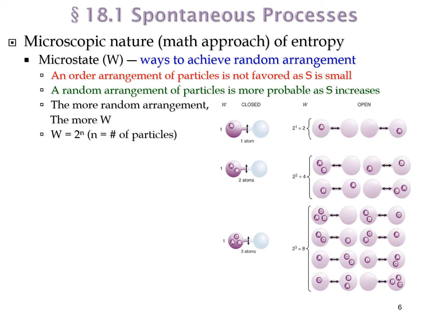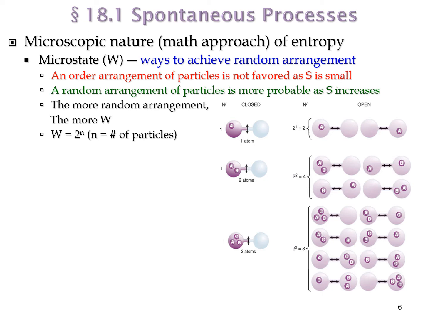And I would like to remind you that W can increase exponentially as we increase the value of the exponent. So for example, 2 to the 10th power is roughly equal to 1,000, 1,024 to be exact.